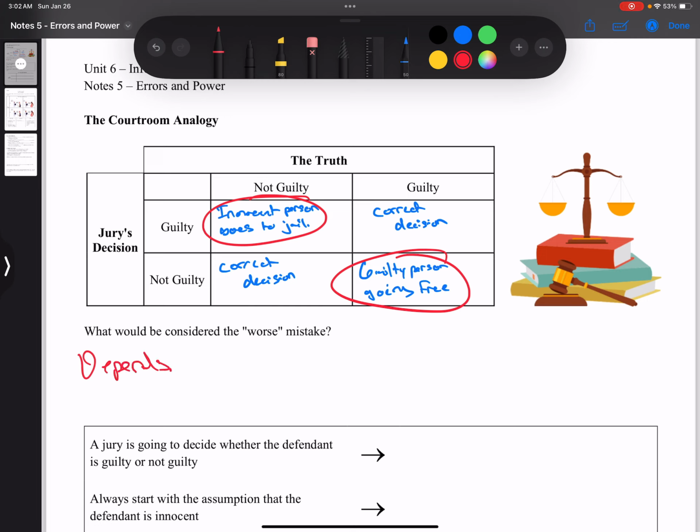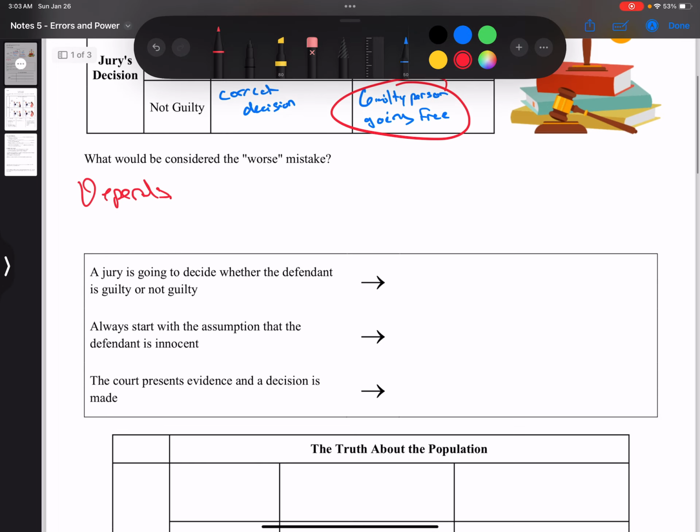For one crime it might be worse if an innocent person goes to jail, and for another crime it might be worse if the guilty person goes free. And the same thing would work with a company. If they're running tests and seeing how much money is being spent on certain things, they might worry about one error more than the other. So it all depends. There's no one answer for this.